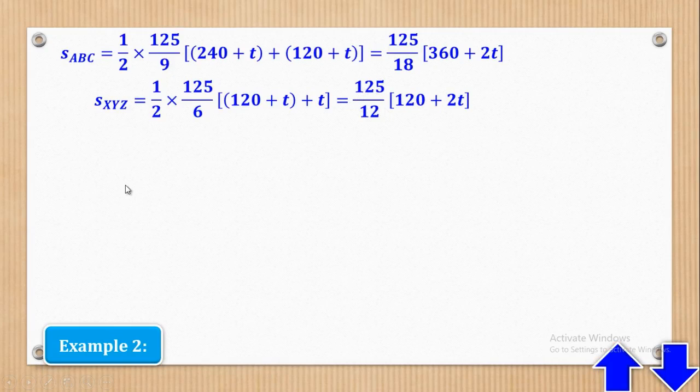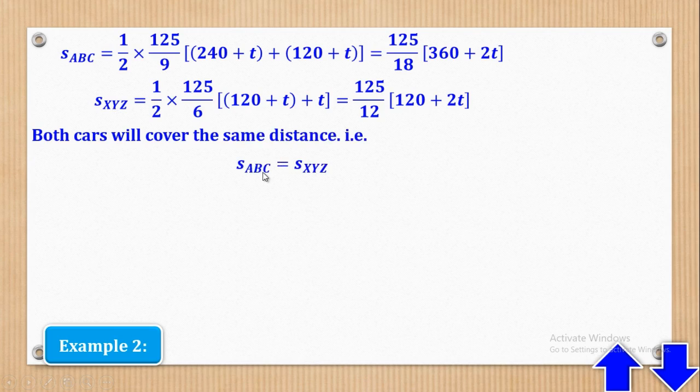So I've got the two distances, total distance traveled by both cars. Distance ABC is the distance traveled by car A, and distance XYZ is the distance traveled by car B. Therefore, remember both cars will cover the same distance. That means this distance will be equal to this.